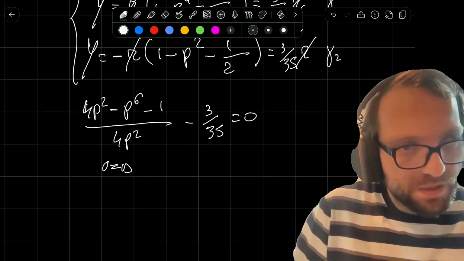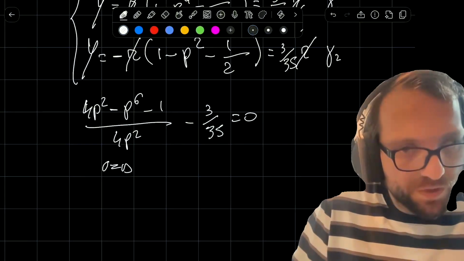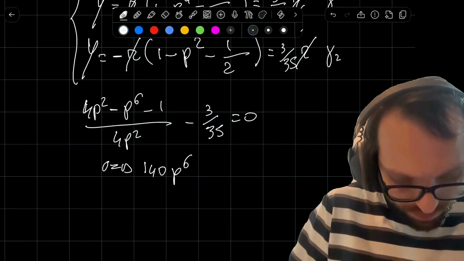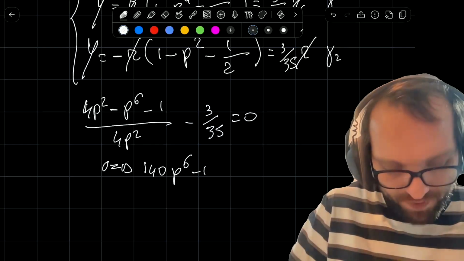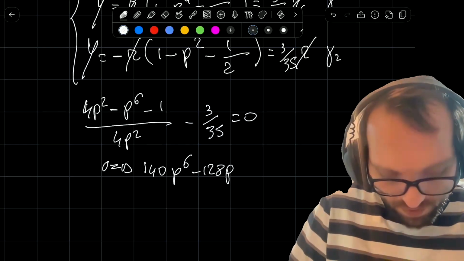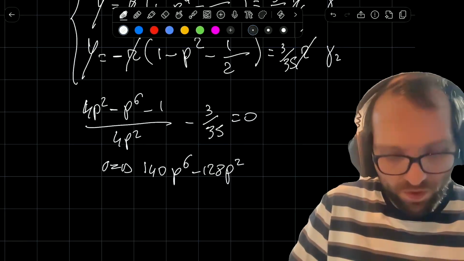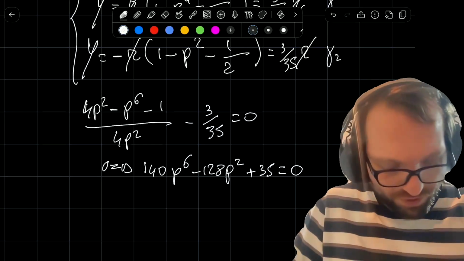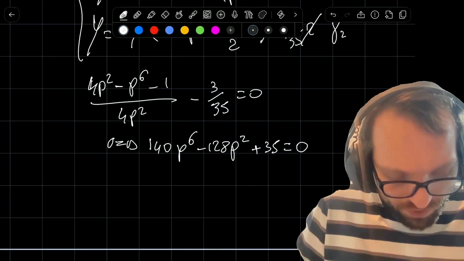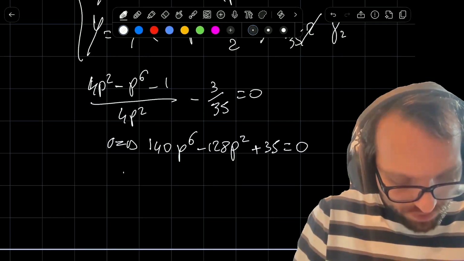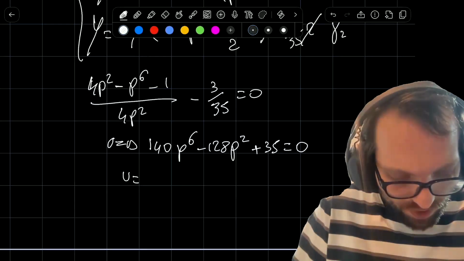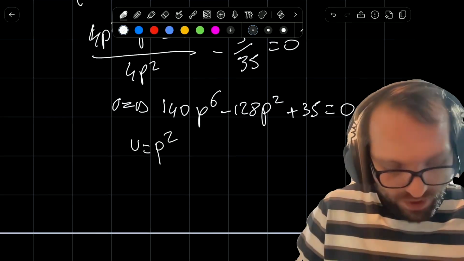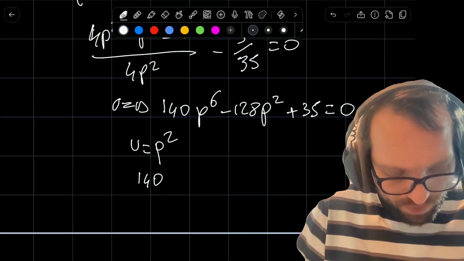This means that 140 p^6 minus 128 p squared plus 45 is equal to 0. Okay, this is a very complicated equation. But what we can do is use a substitution like u equal p squared. This equation becomes a cubic equation.